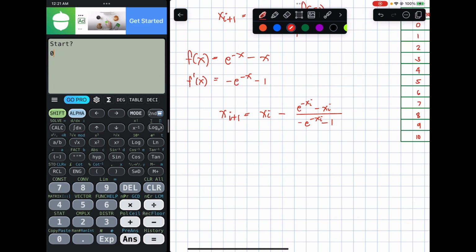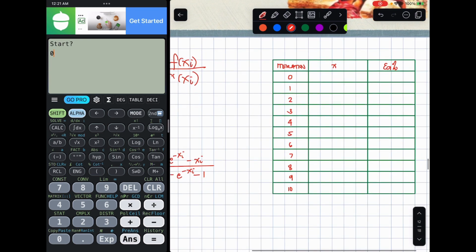I'll start with 0, since our first iteration will be 0.